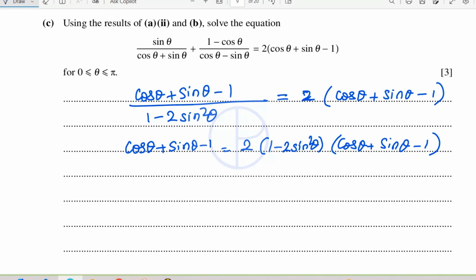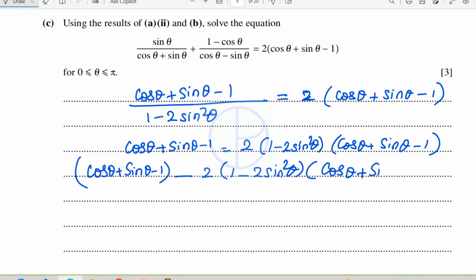Let's take all the terms into one side. Cos theta plus sin theta minus 1 minus 2 times 1 minus 2 sine square theta multiplied by cos theta plus sin theta minus 1 equal to 0.